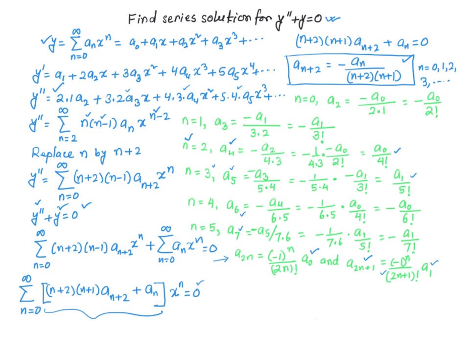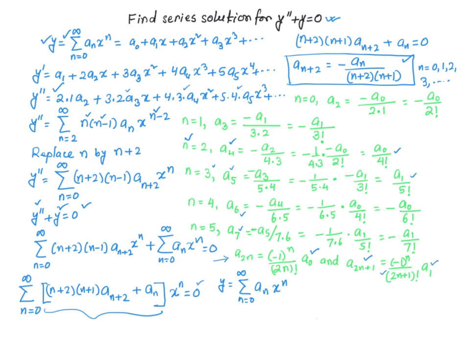Now I can put it all together. So y, remember my y was this: y is equal to summation n is equal to 0 to infinity a sub n x to the power n.